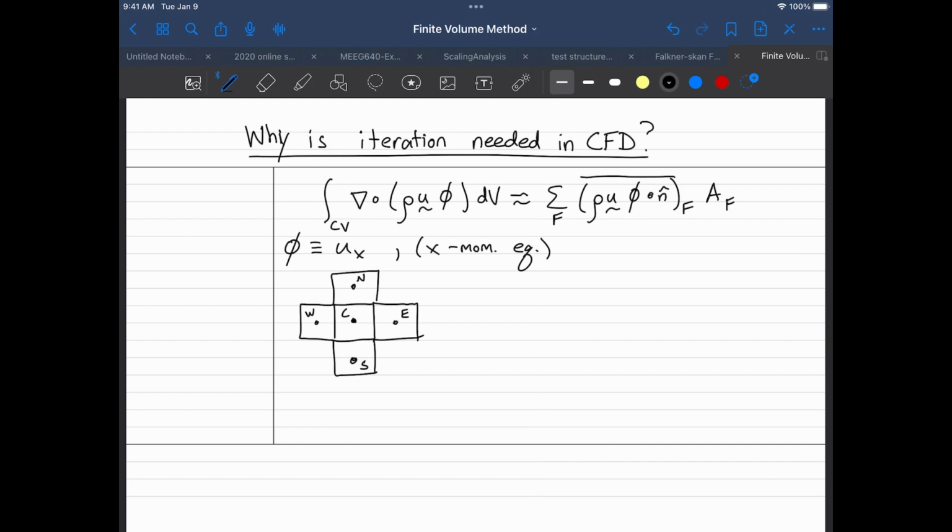So we need to write rho u_x, and then u dot n on whatever face it is, the sum of this over all the different faces.